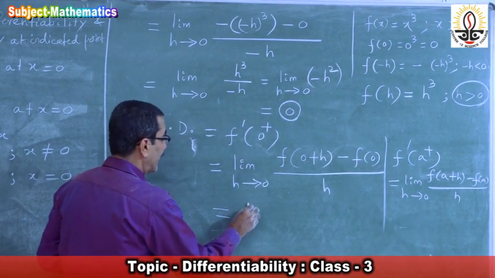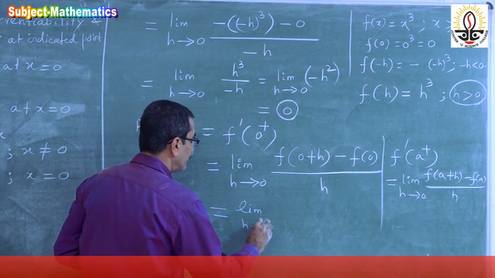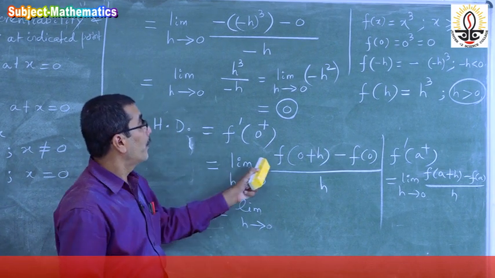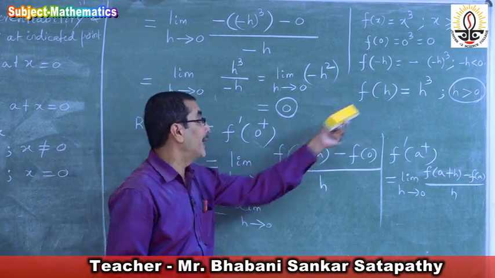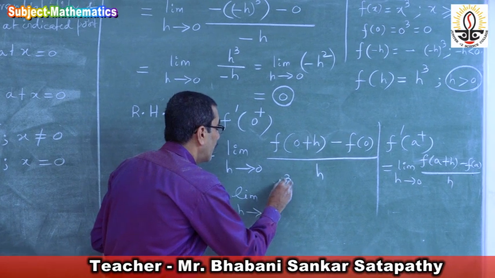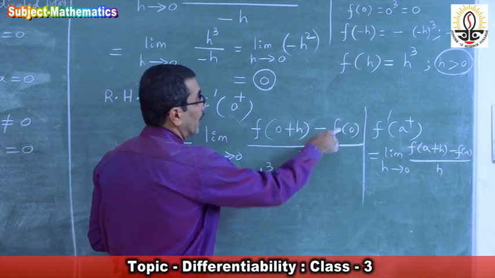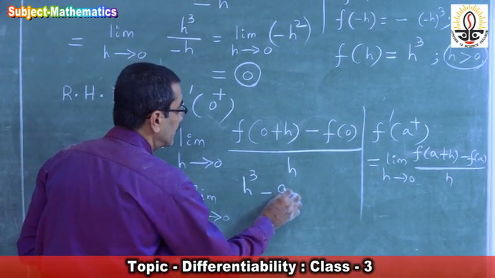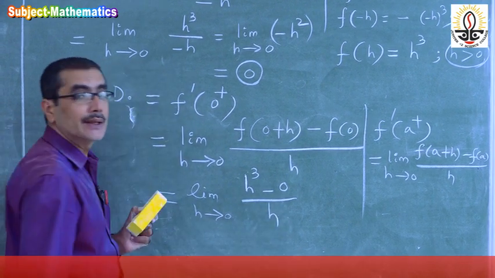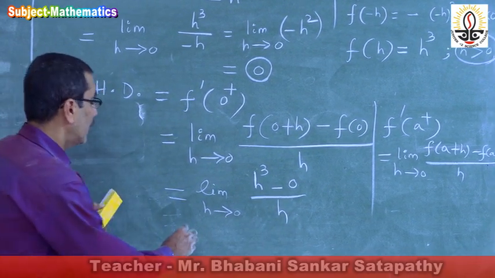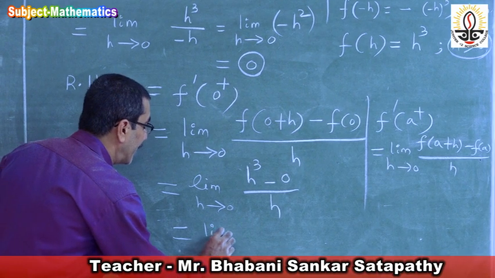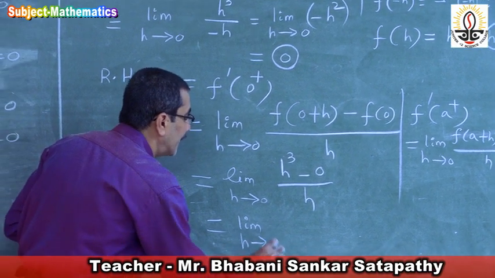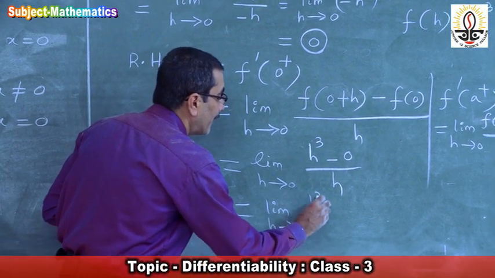So, limit h approaches 0, f of 0 plus h means f of h, h cube, minus f of 0, which is 0, divided by h.